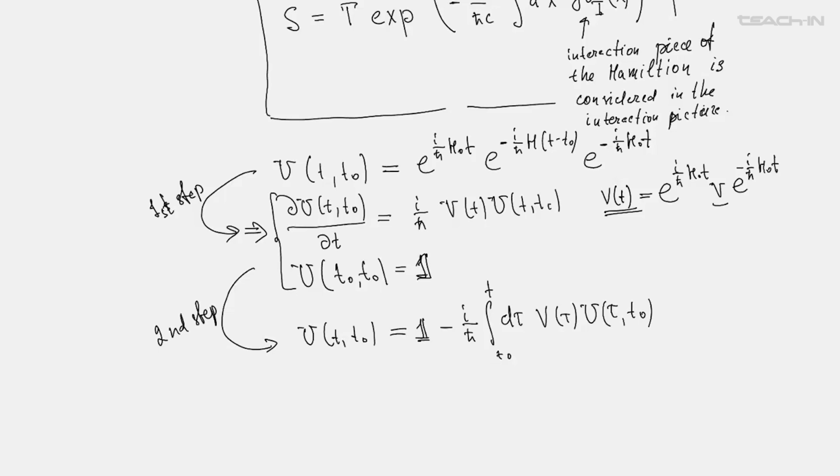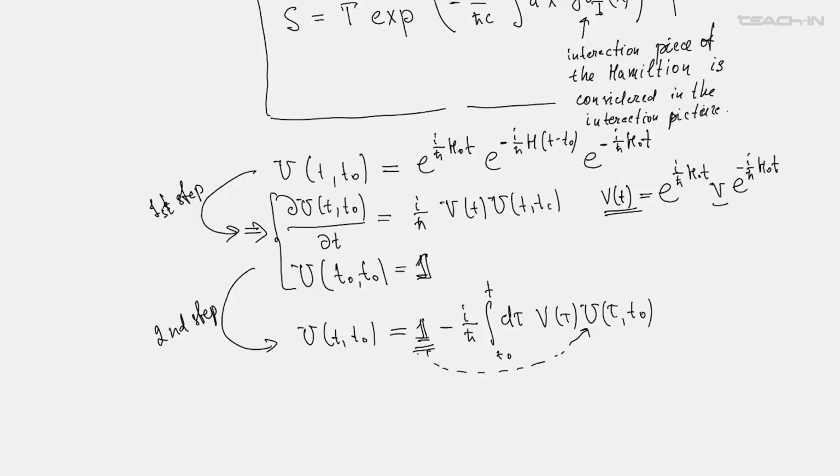We solve this equation by means of an iteration procedure, where as the first approximation to U, we just take the identity, and we substitute it instead of U, and then we get a second level approximation. Then we take one plus this integral of V as a second approximation and substitute it to the right hand side again and again.